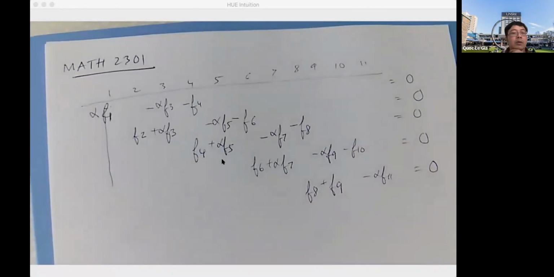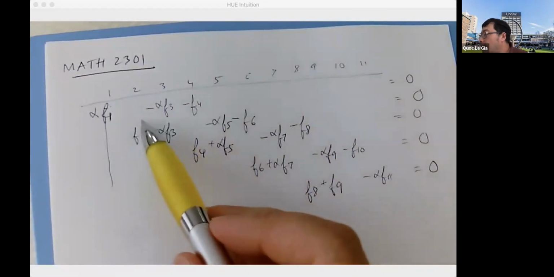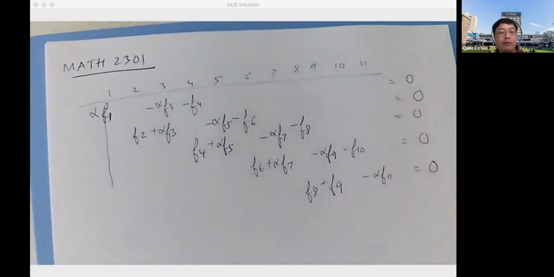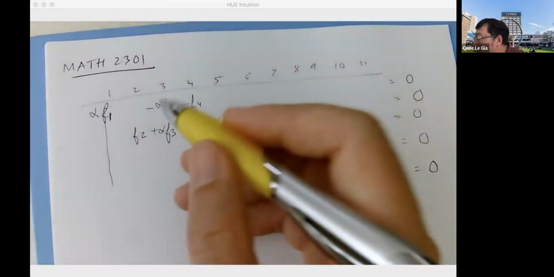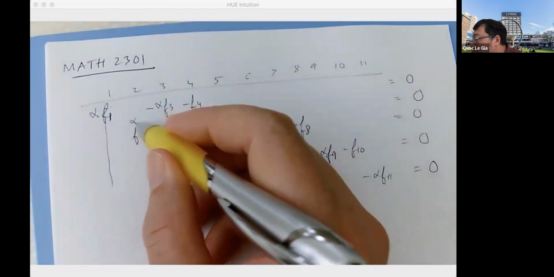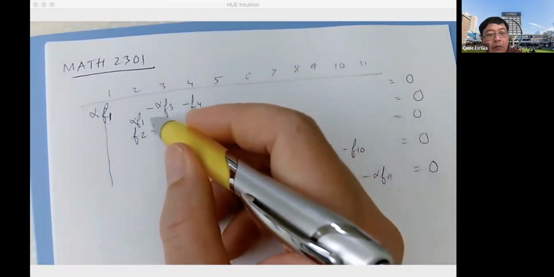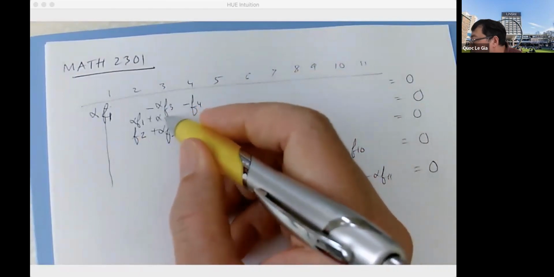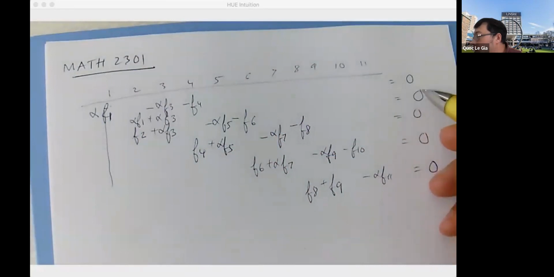We can also write out the other equations in the middle, because now you have alpha F1 plus alpha F3 equals 0. But you see the process, right?